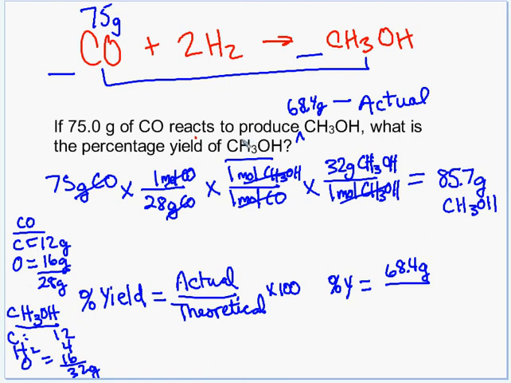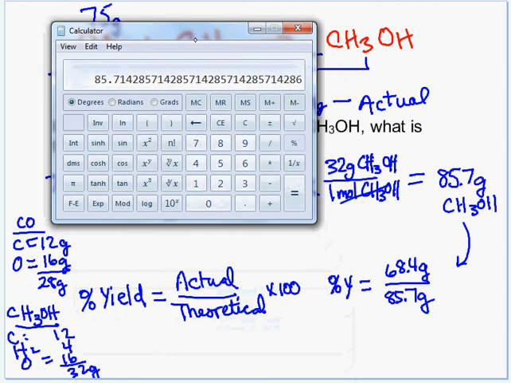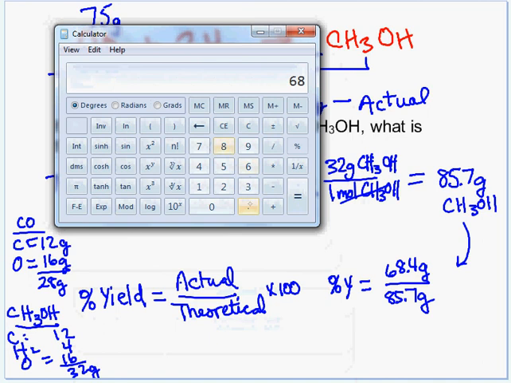Now, it says in the problem we only produce 68.4. So this is our theoretical. That goes right there. 85.7 grams. Get my calculator out again. 68.4 divided by 85.7. I have 0.79.